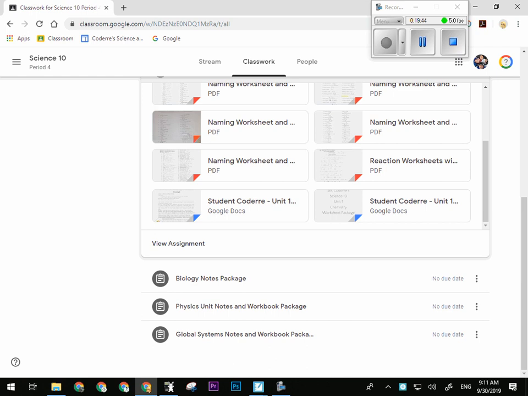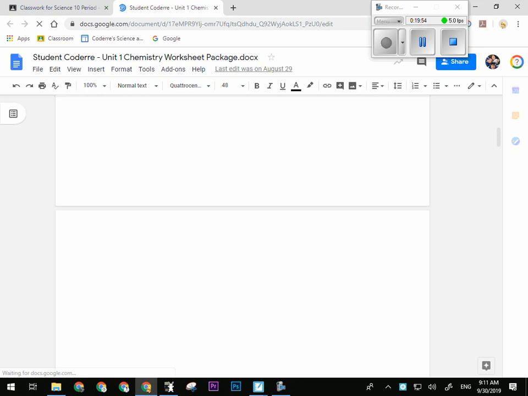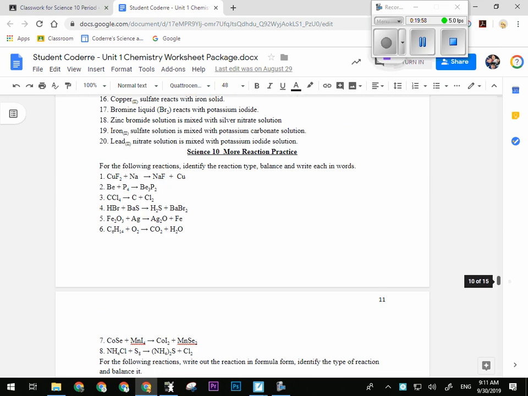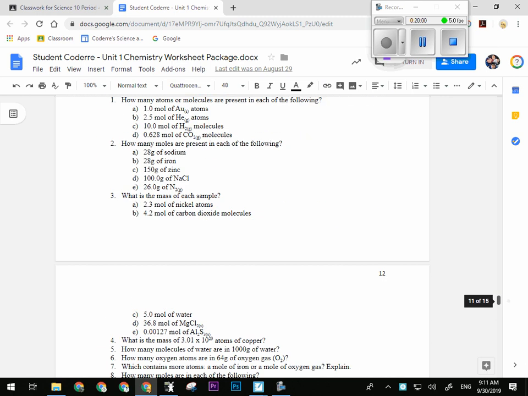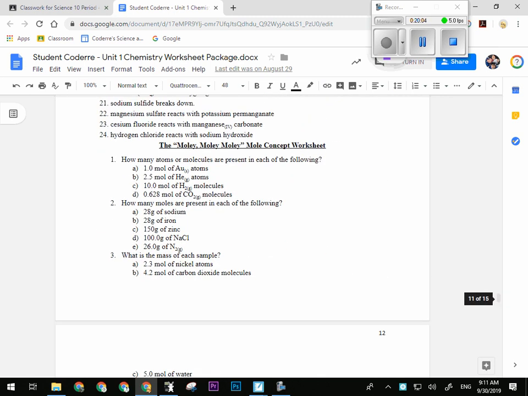Okay, but obviously the worksheet itself is here. It's the Google Doc. And it should be right at the end. So it starts right here. The mole concept worksheet. Okay, so you can start there.